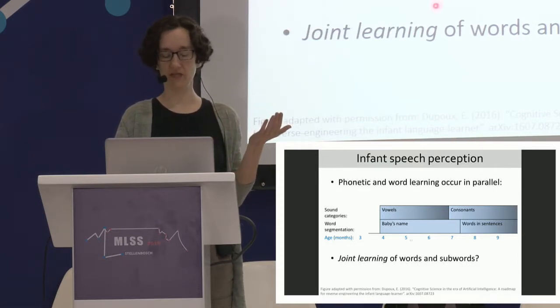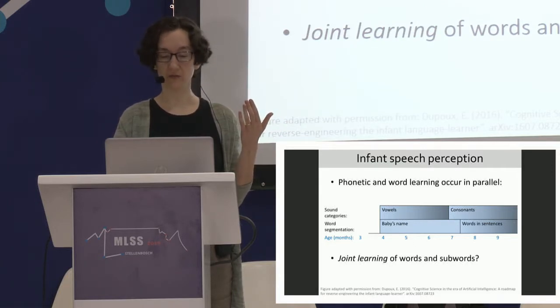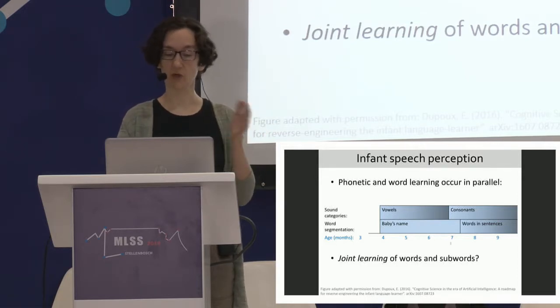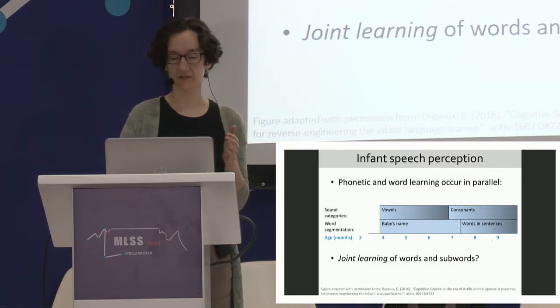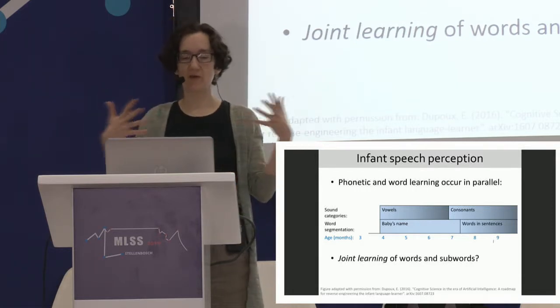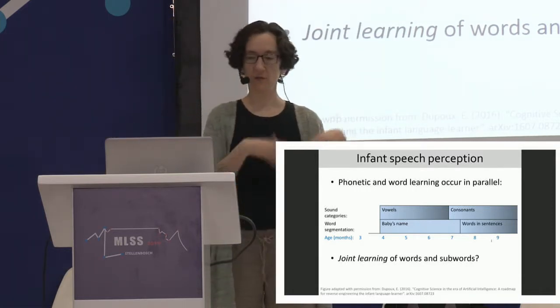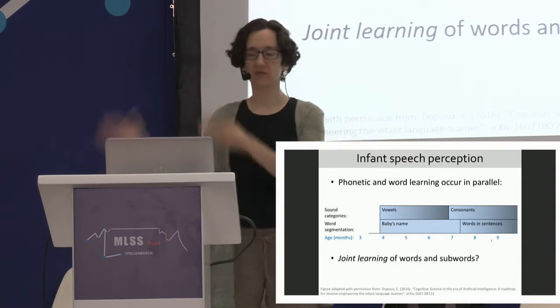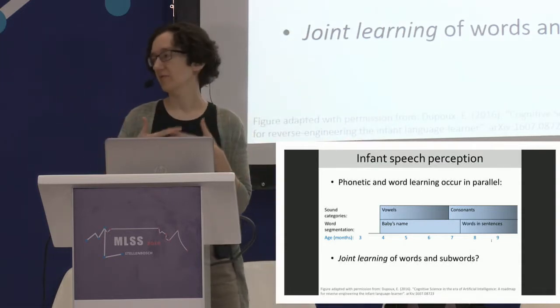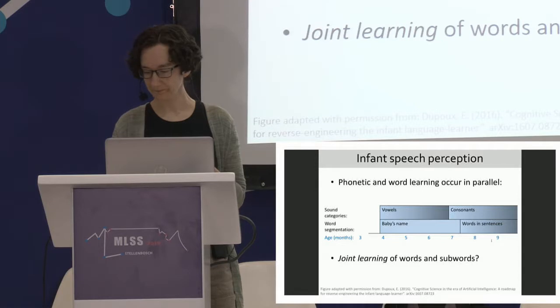But at the very same time, there are experiments showing that infants are able to recognize their own name at around the same time, and, again, very early on, words in sentences. So that suggests that these processes are not really independent of each other. It's not like we learn about the sound categories and then we start building words, but perhaps there's a joint learning process going on.